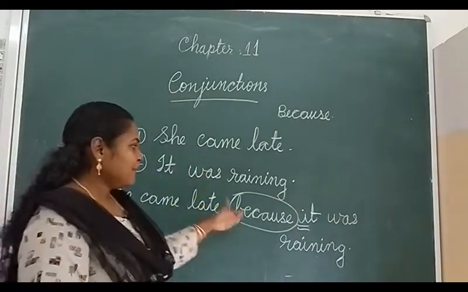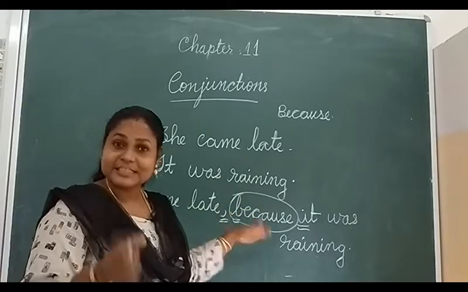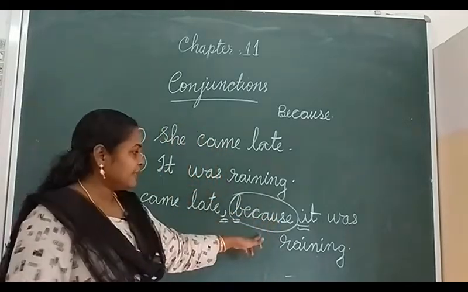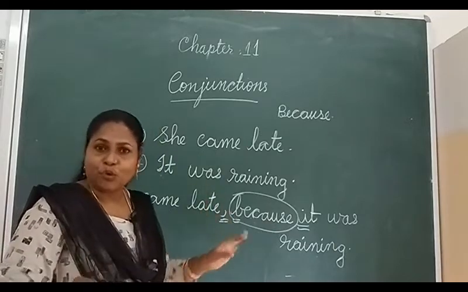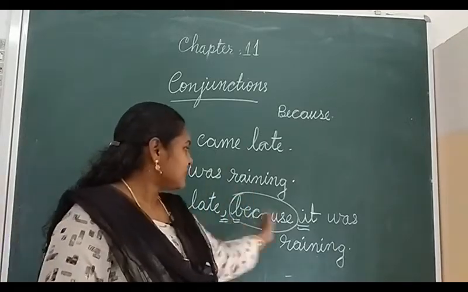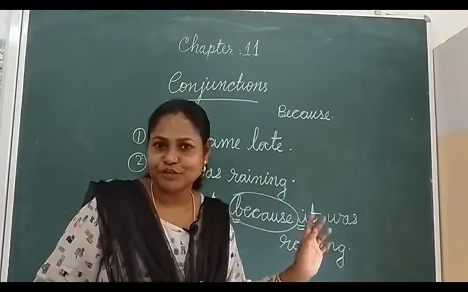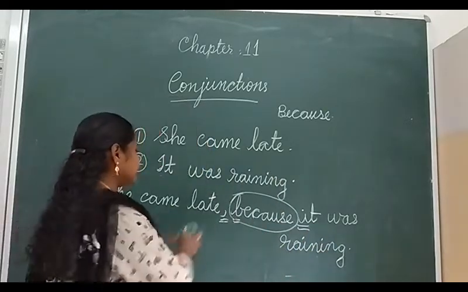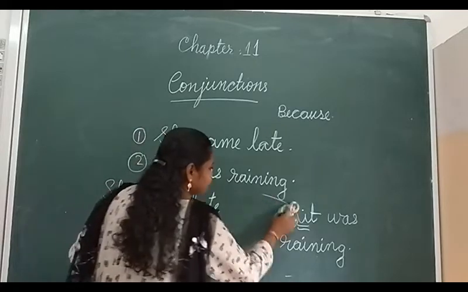Now we can use the alike conjunction, that is for, instead of because. The meaning of this sentence will never change if we use for.